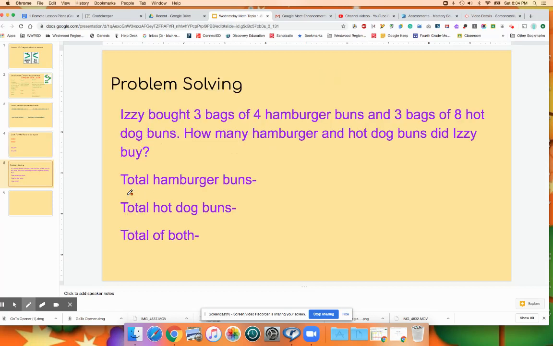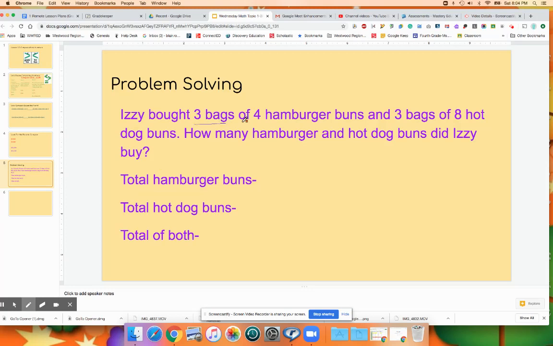All right, last one. So let's just look at a problem-solving question, because you might come upon some problem-solving questions today. So Izzy bought 3 bags of 4 hamburger buns and 3 bags of 8 hot dog buns. How many hamburger and hot dog buns did Izzy buy? So as I look at it, there's a couple steps here, right?